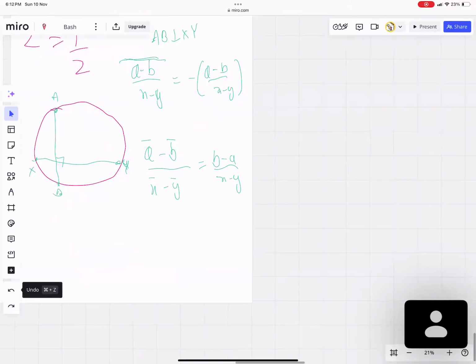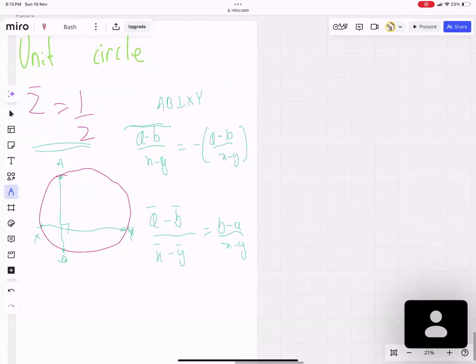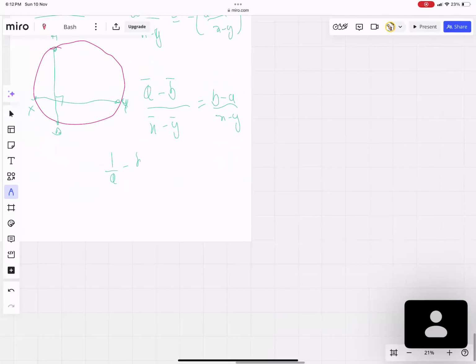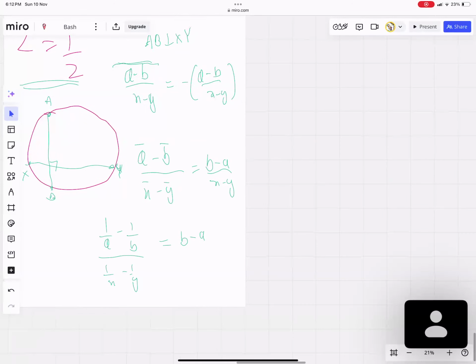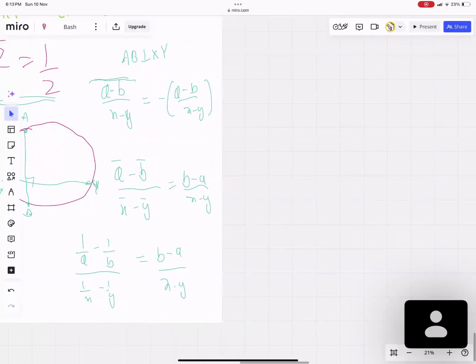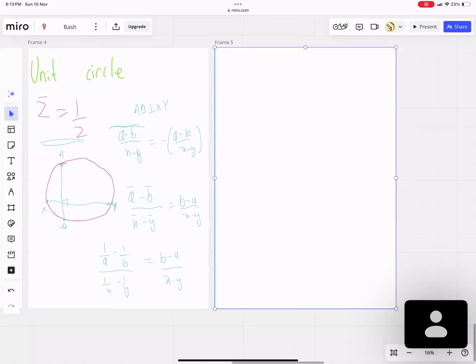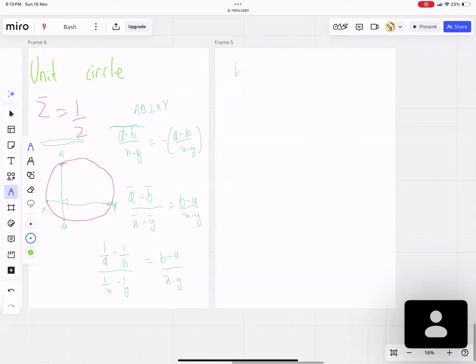Yeah. So now we know that A, B, X, and Y are on the unit circle. So by this property, we get that 1 by a minus 1 by b by 1 by x minus 1 by y is equal to b minus a by x minus y. So this gives us that b minus a by ba by y minus x by xy is equal to b minus a by x minus y.